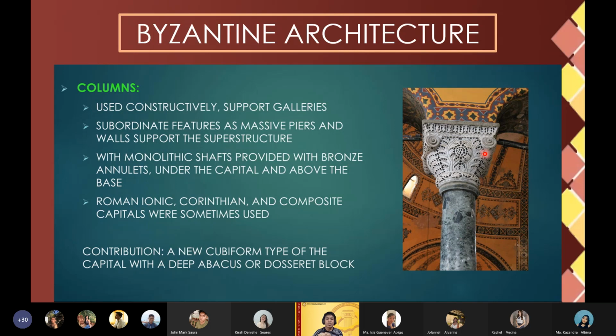During Byzantine architecture, they enhanced them even more. They made it as intricate as possible, as detailed as possible, with more ornaments than previous types of architecture. Their effort is shown in the capitals on top of the columns.